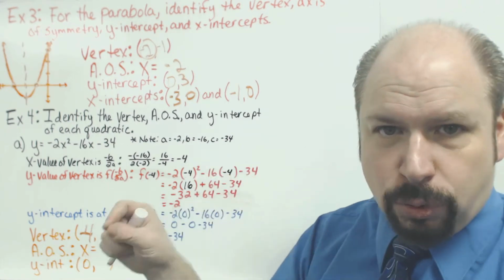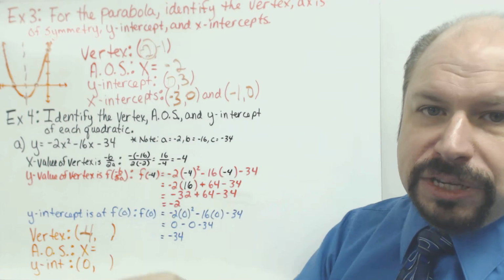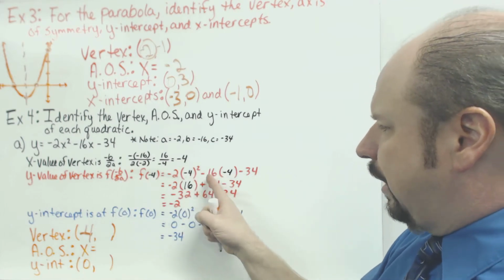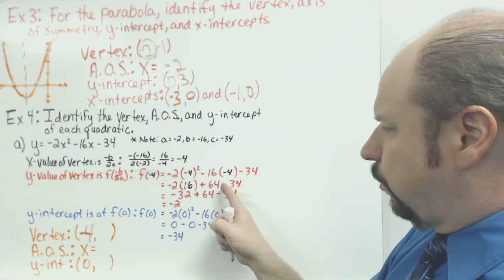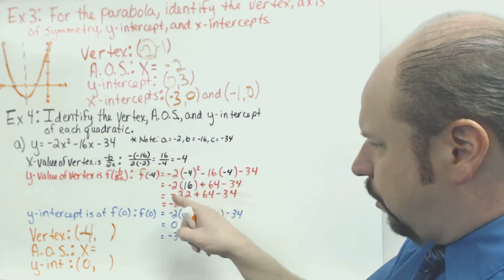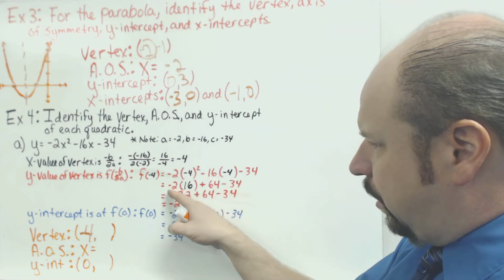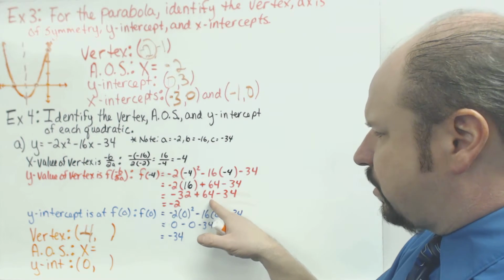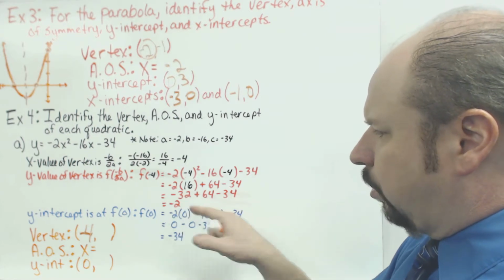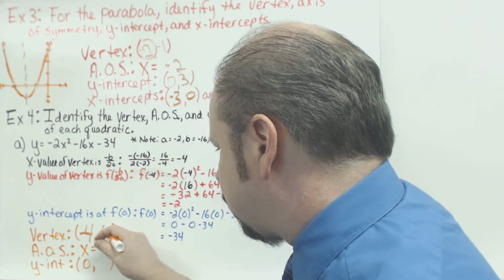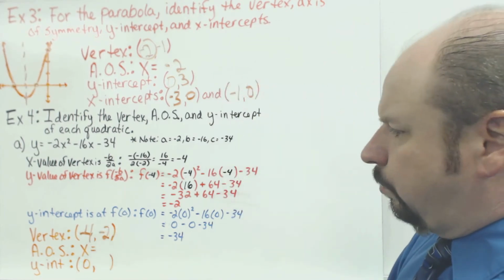Remember that -4 squared, -4 times -4, is positive 16. And -16 times -4 is going to make this positive 64. So we've simplified a little bit. -2 times 16 is -32, plus 64 minus 34, so that works out to be -2. So the y value of our vertex is -2.